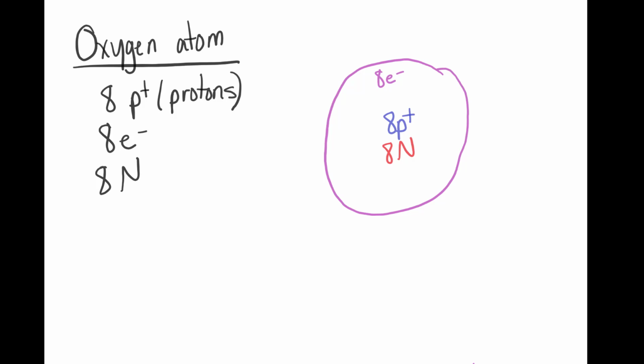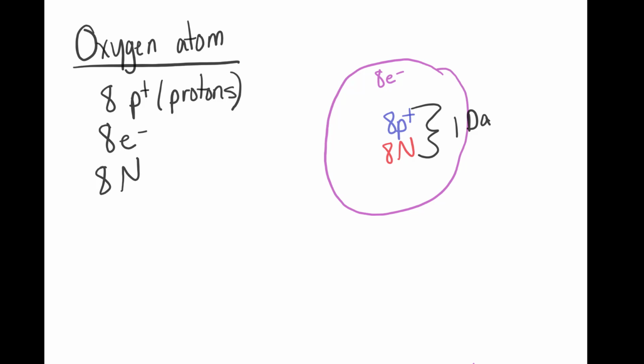Now, we talked about the differences in charge and location of these 3 subatomic particles, but we can also talk about differences in their mass. The protons and neutrons that are in the atomic nucleus have a mass of 1 Dalton. And a Dalton is a unit of measurement used in the metric system.